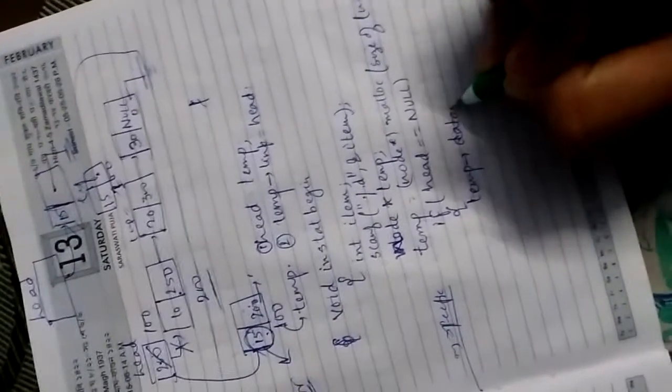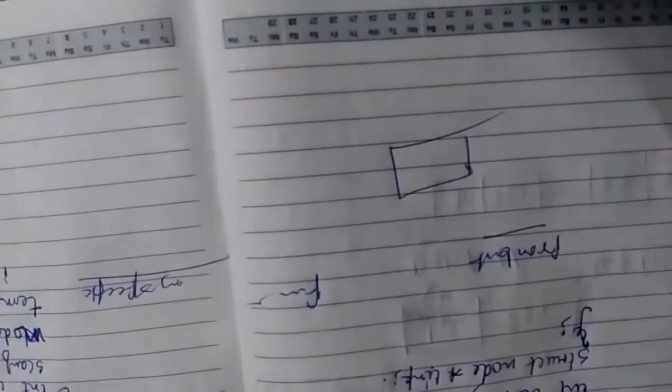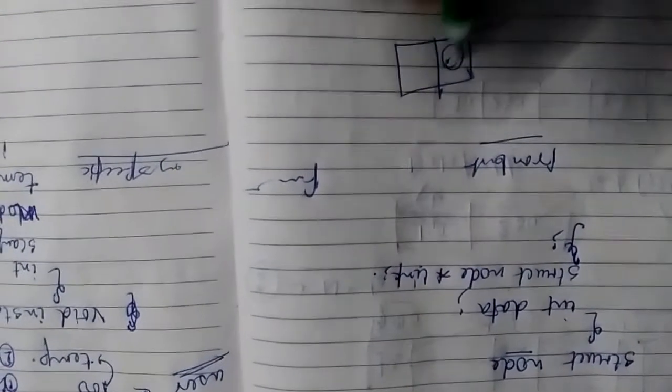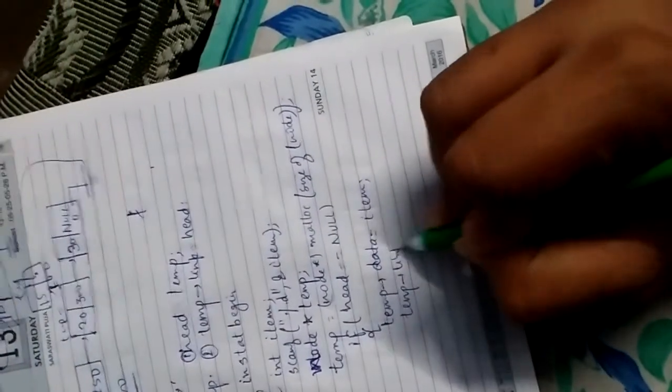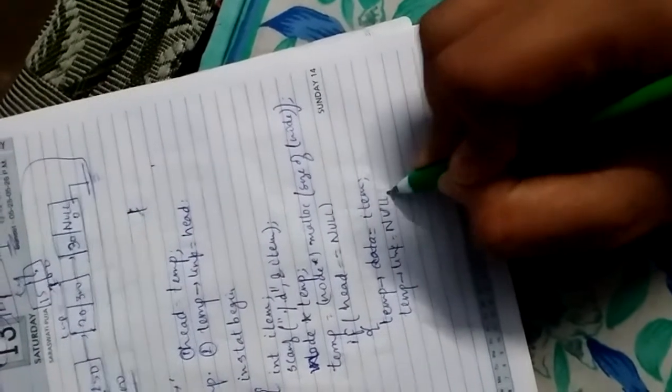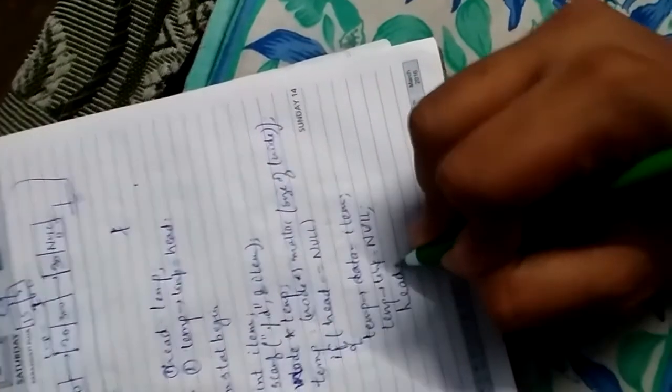If that is the case, then temp data will be the item given by the user, temp link will be null because it will not link to any other node, and head will be equal to temp.